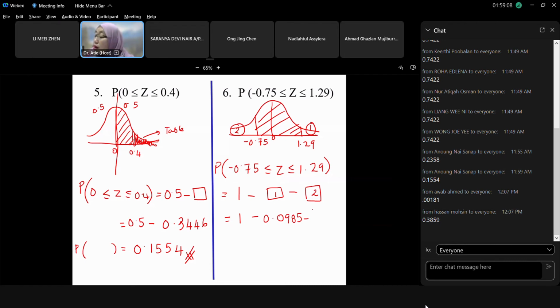How about Fernandika? Can you get me the area for the second one, which is 0.75 from the table?